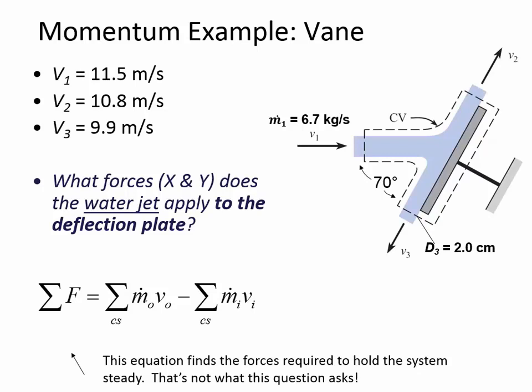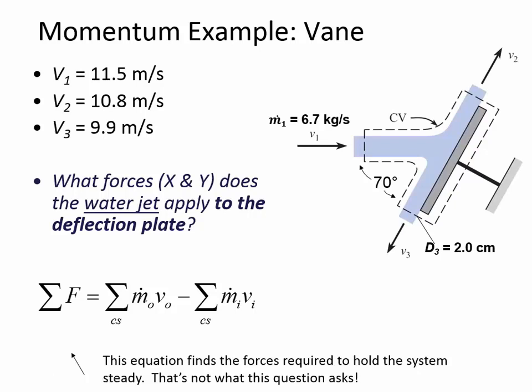Okay. So obviously in this problem, you're given the mass flow at 1, but you need to calculate the mass flow rate at 2 and 3. The key piece of information you've got is here at 3, it's a circular outflow jet with a diameter of 2 centimeters.